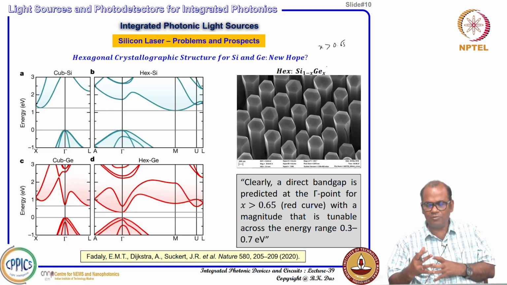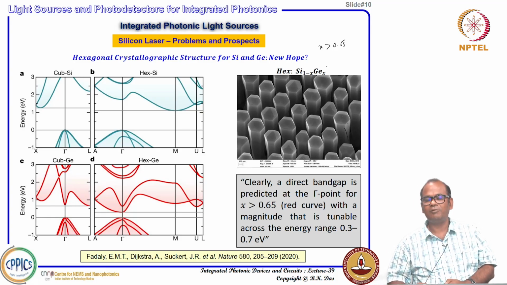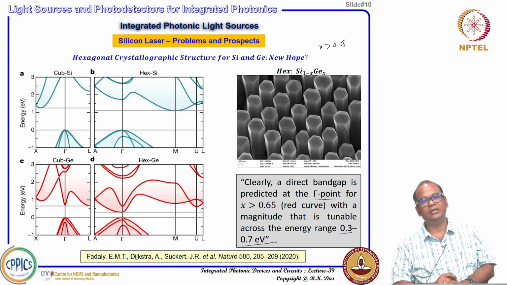But if you make a silicon germanium alloy with hexagonal structure, then you can get a direct band gap semiconductor, and a direct band gap is predicted at the gamma point with a magnitude that is tunable across 0.3 electron volt to 0.7 electron volt.